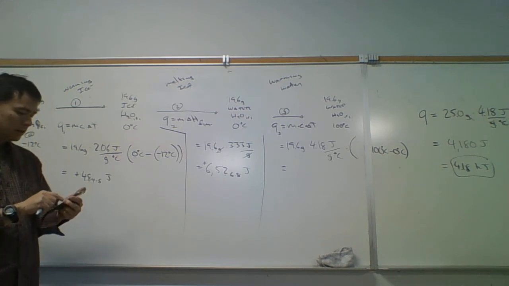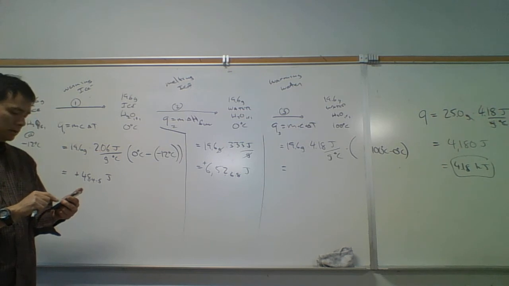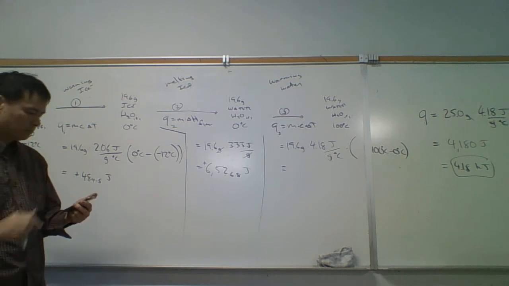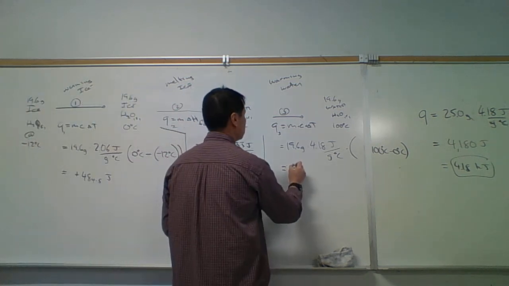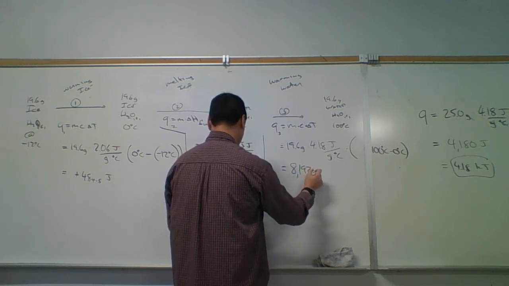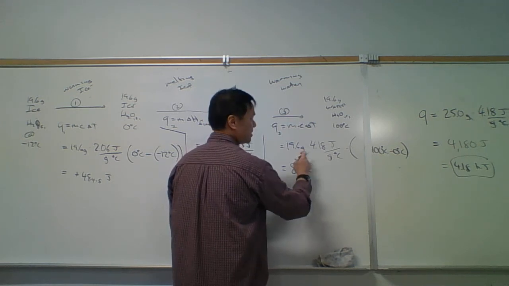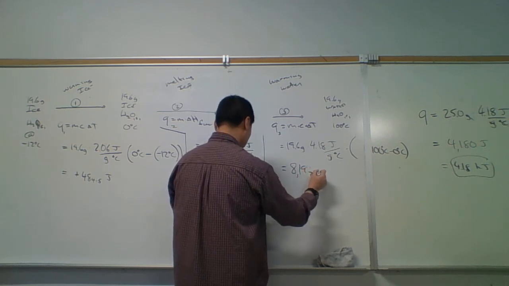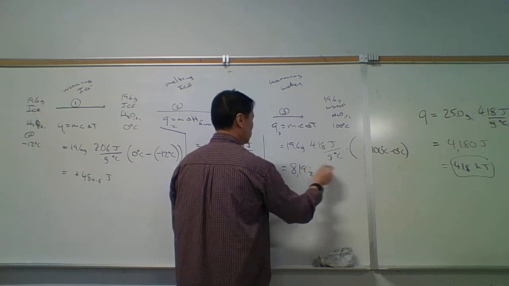So let's calculate 19.6 times 4.18 times 100. So this is going to be 8,192.8 joules.